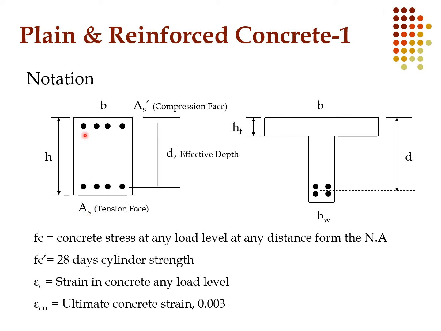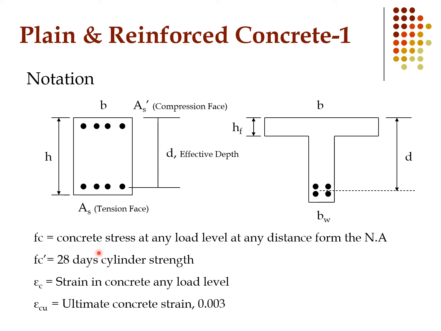This is the reinforcement on the compression face, denoted by As'. The distance d is the effective depth. Effective depth is the distance from the centroid of the reinforcement on the tension face to the top concrete surface. That is d.